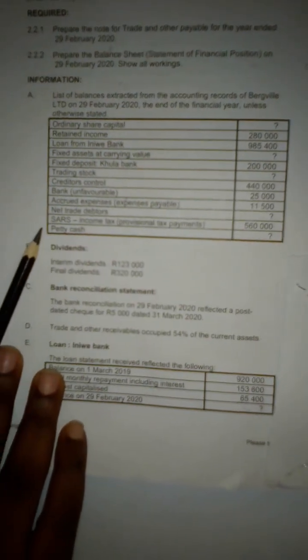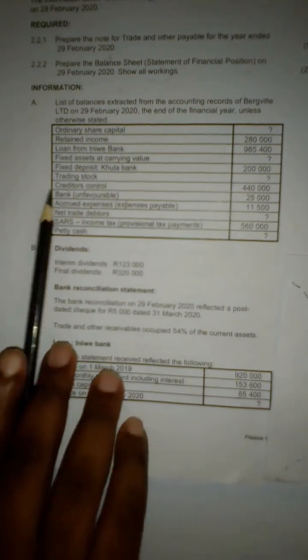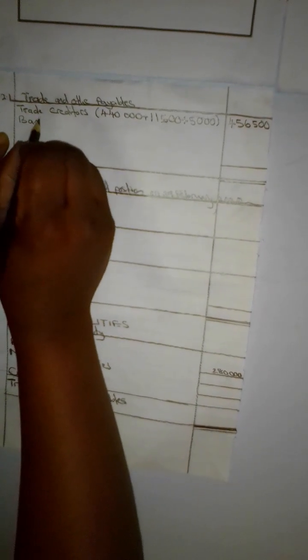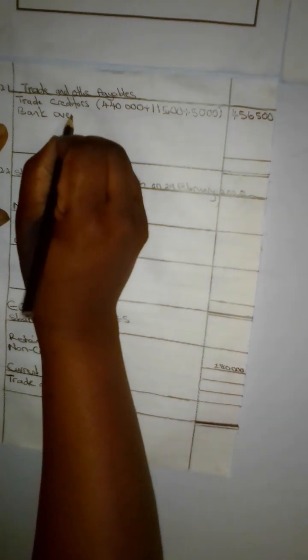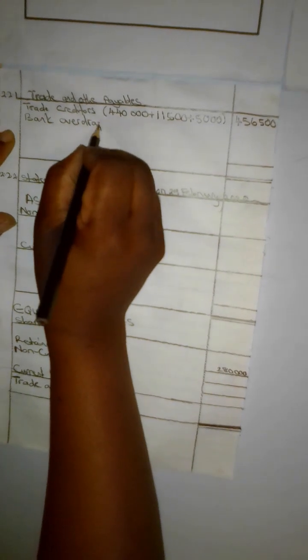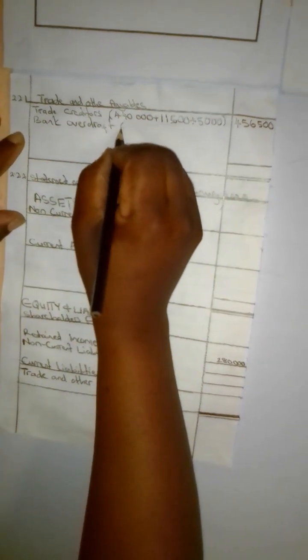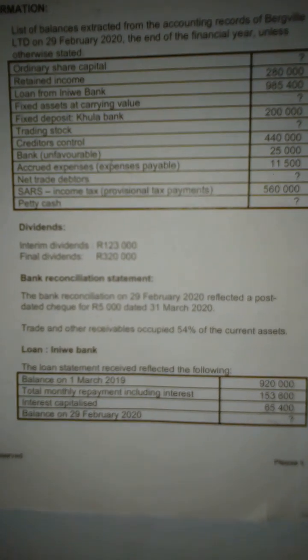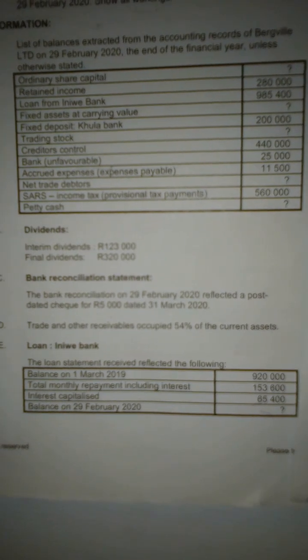What else do we have from this information in A, which makes up part of the trade and other payables? I can see that we have got a bank unfavorable. That is a bank overdraft. I can go back to the answer sheet and indicate bank overdraft. Okay, I can see there's also an adjustment. I'll open a bracket. How much is given there? There's 25,000 which is given there. So I'll record 25,000.